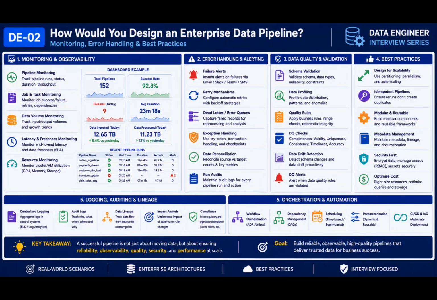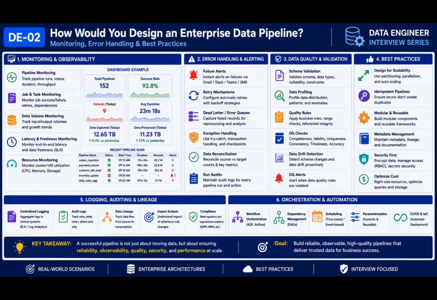The enterprise best practices include designing scalable pipelines, building idempotent processes, creating reusable components, managing metadata, securing data with encryption and RBAC, and optimizing cloud costs. A good data engineer does not just build pipelines, they ensure they are reliable, observable, secure, and maintainable.